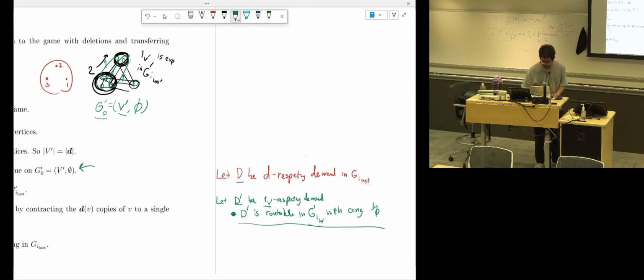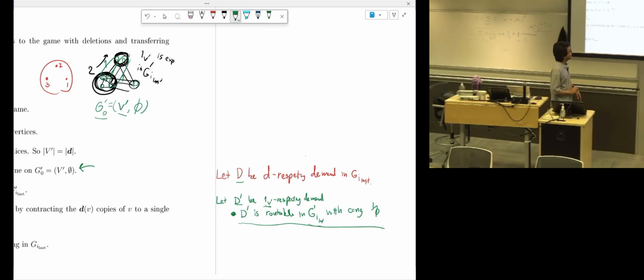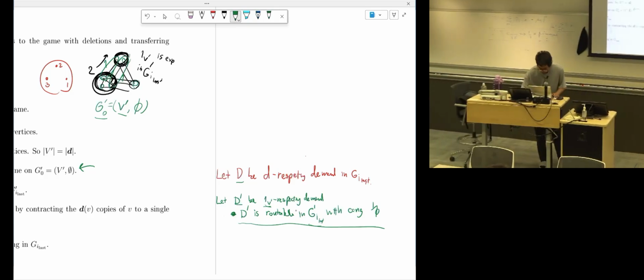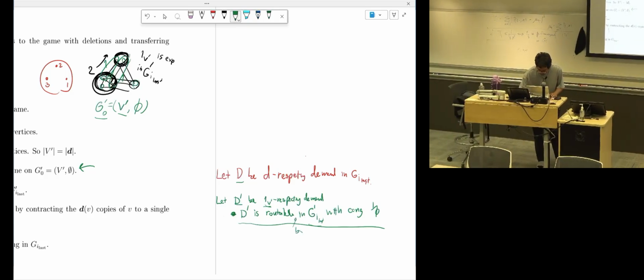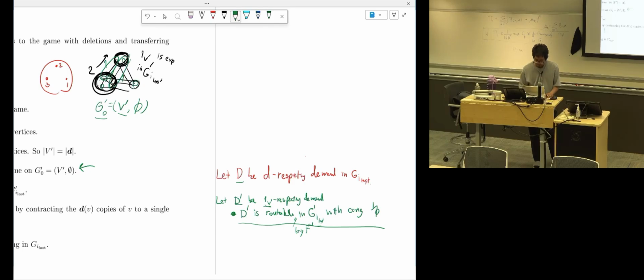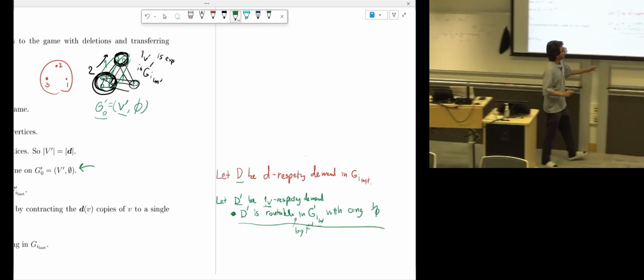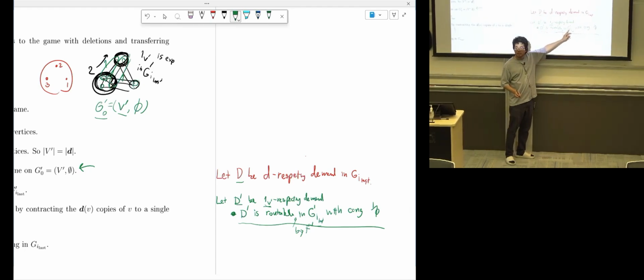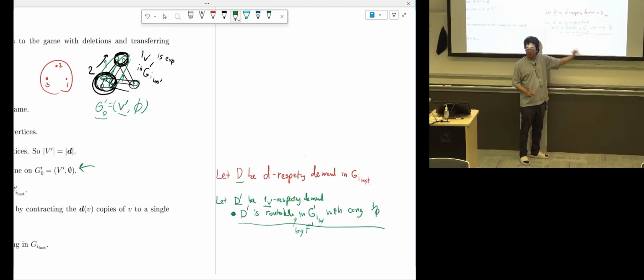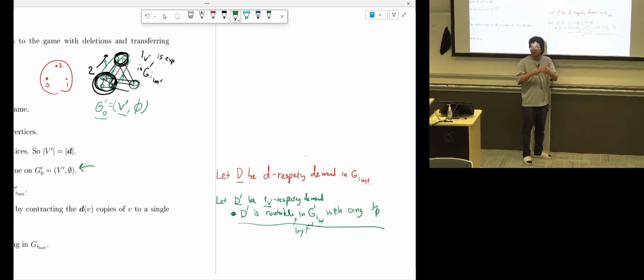But now, look at it: it's routable by some flow f prime. Now imagine that you contract the graph to get G_I last. After contraction, congestion doesn't increase, and the flow f prime will now route D with the same congestion.